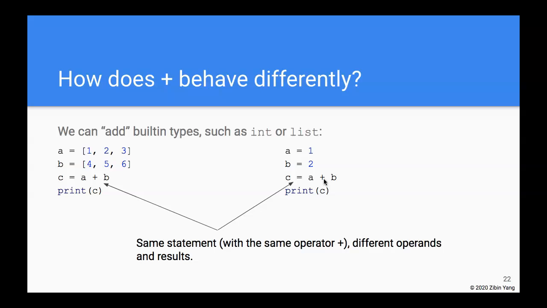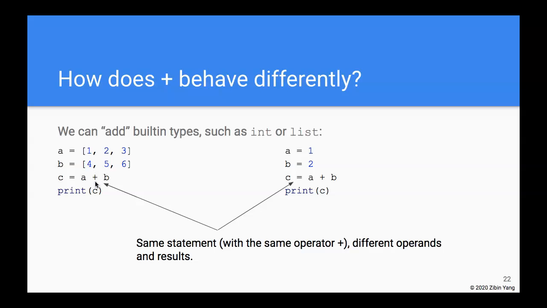Again, I can use exactly the same syntax, like a plus b, and it would add the two integers together. The thing of note here is that the last two statements are exactly the same. However, because the operands are different types, the plus sign does a different operation, and the results are also two different types of results.